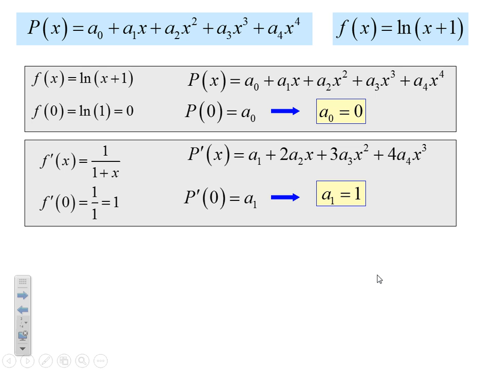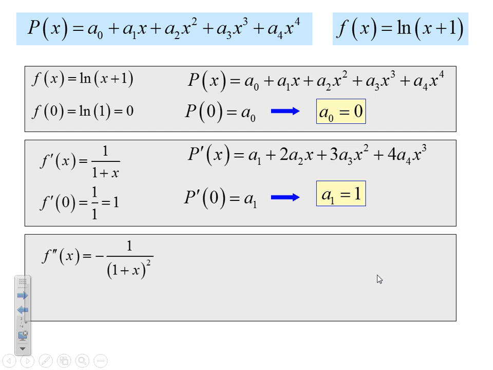Okay. Second derivative. Now, I'll save you some of the work. I know you can take a second derivative, or we could think of it like this. Let's not use the quotient rule. So what's the second derivative evaluated at 0? Excellent. Now, what happens when we take the second derivative of our polynomial? We have 2a2 plus 6a3x plus 12a4x squared.